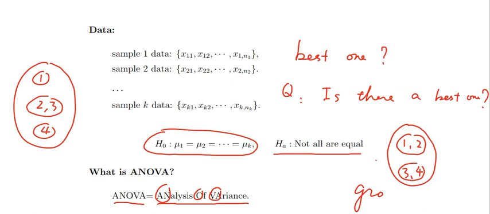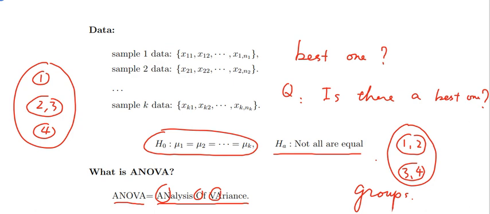We can split as groups. So this group is better than that group. So the best one we cannot find, but class 1 can be regarded as the best one, and class 2 can be regarded as the best one, because class 1, class 2, no much difference, right?